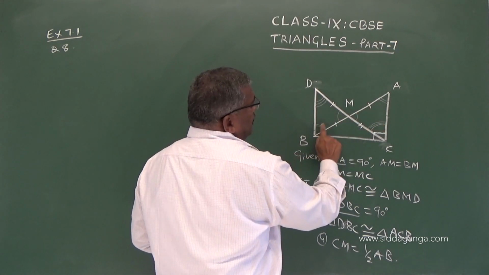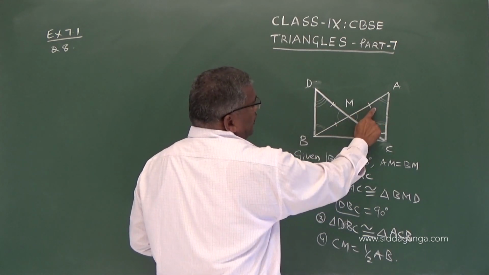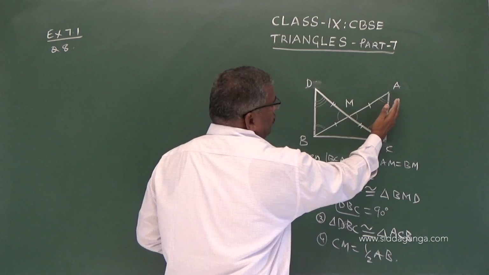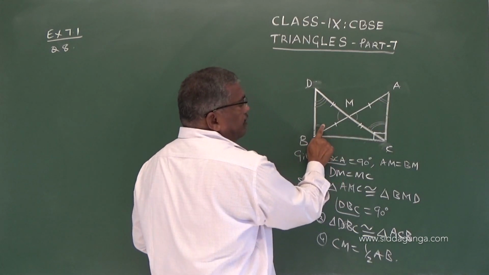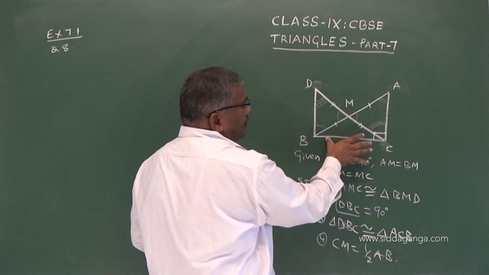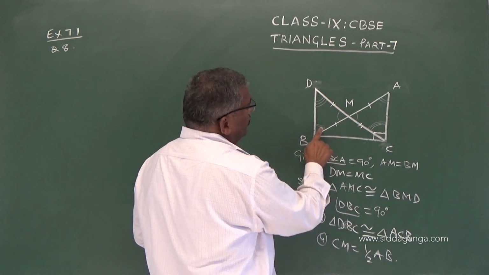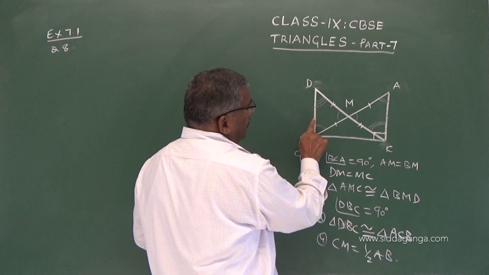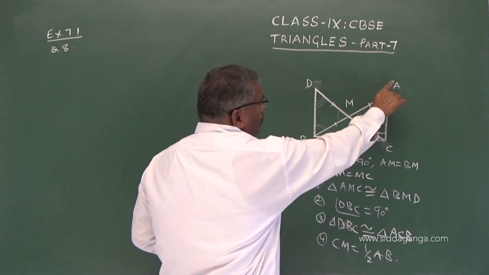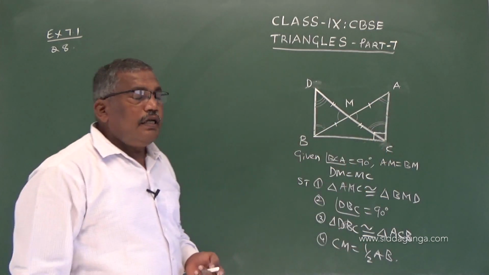These are interior alternate angles when we consider these two lines. When these two angles are equal, then the lines are parallel. So therefore BD is parallel to AC.